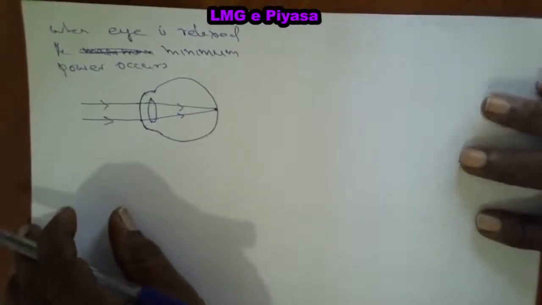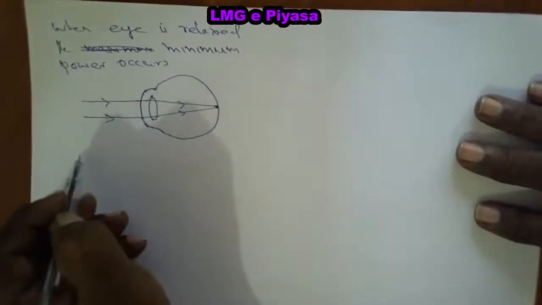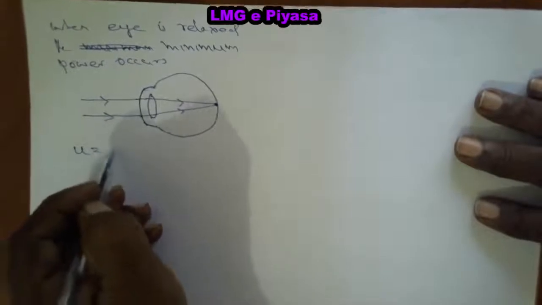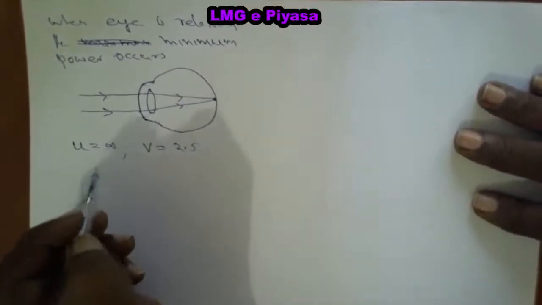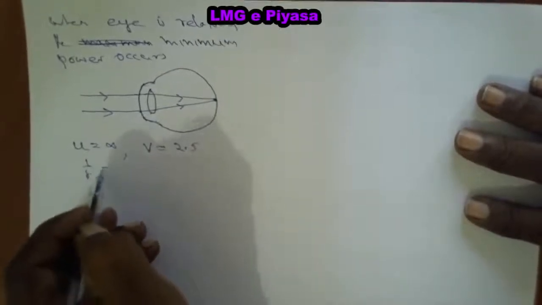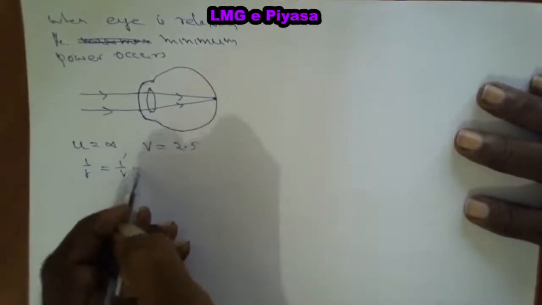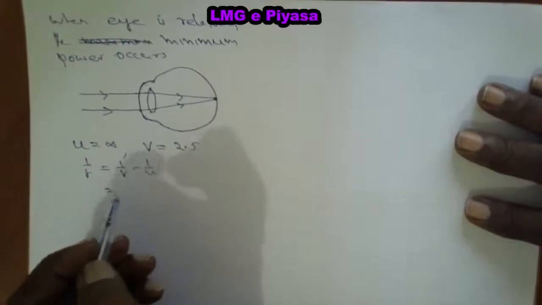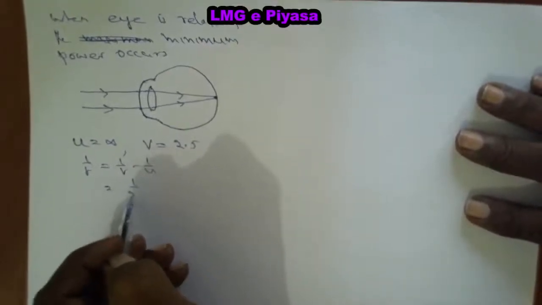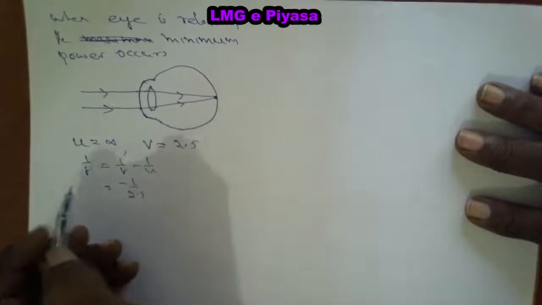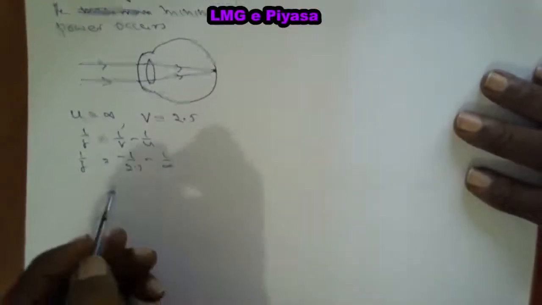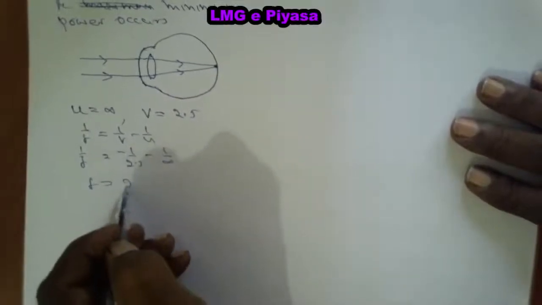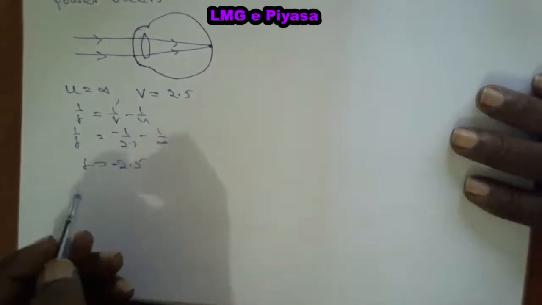So in this case, u equals infinity, v equals 2.5, right? Then 1 over f equals 1 over v minus 1 over u, that is 1 over 2.5. So f equals 2.5.